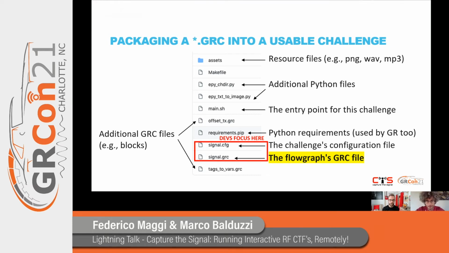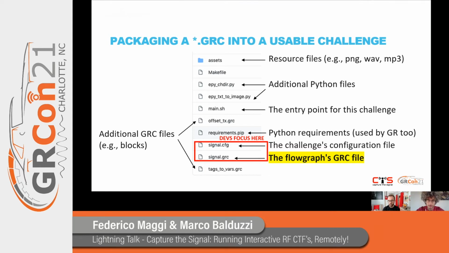You can simply change the signal, maybe to adapt it to another conference and make minor changes. And then together with that, you have the signal GRC, of course, and a few other files that are needed to support, for example, if you have Python requirements and so on.